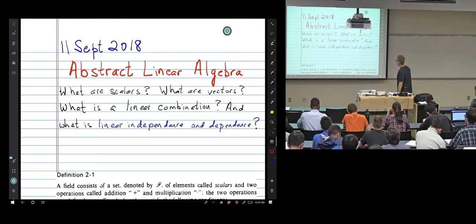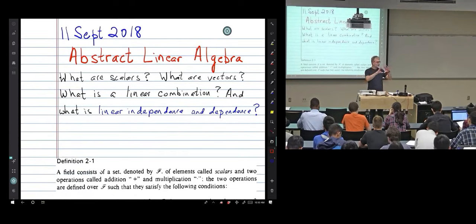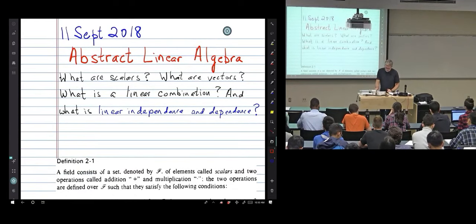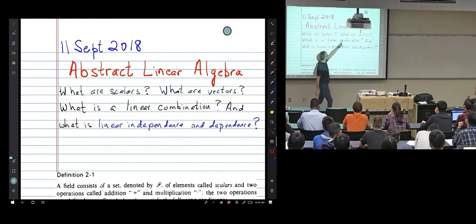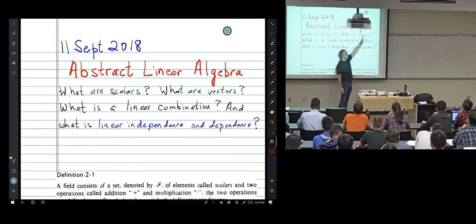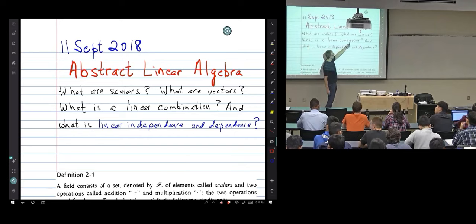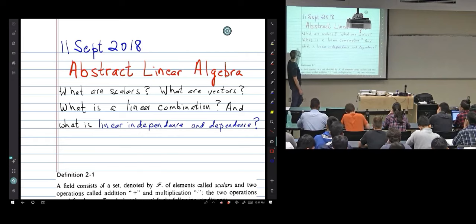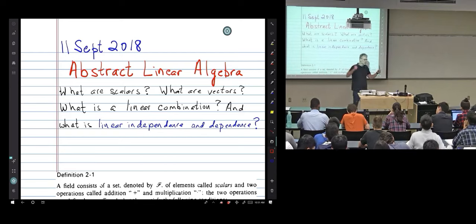So we're doing abstract linear algebra. When we're done with this, if you understand what are scalars, that the word vector is actually overloaded, just like an overloaded function, and if you understand what is a linear combination and how to use that to check whether vectors are linearly independent or dependent, then you're in pretty good shape.